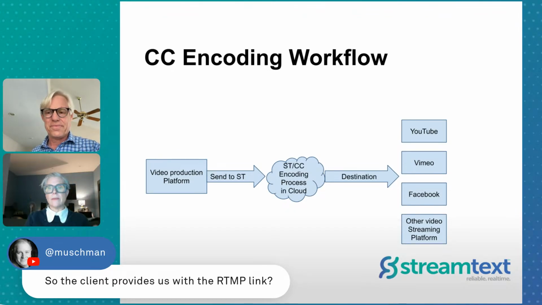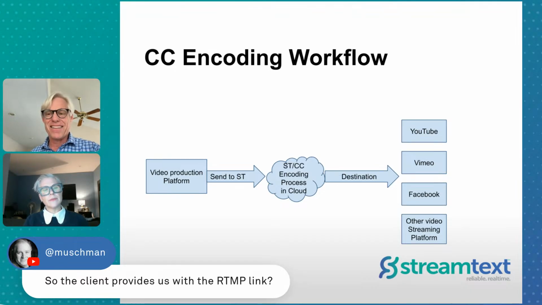So we're sitting in the middle. From your client, you will need the RTMP destination to know where to send the captions with the stream. And then you will need to give them the StreamText destination for them to send to you. So we sit in the middle and we are a destination and we send to a destination.